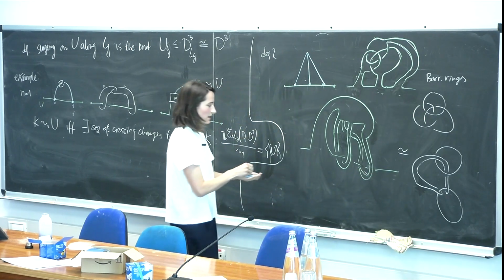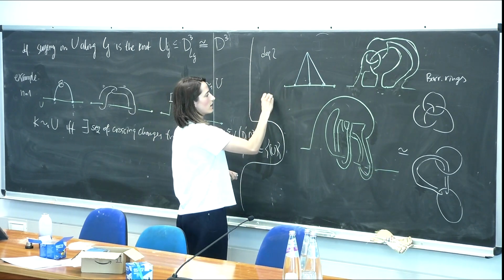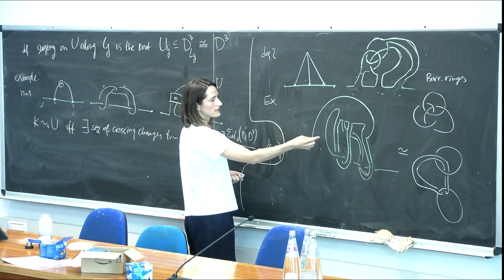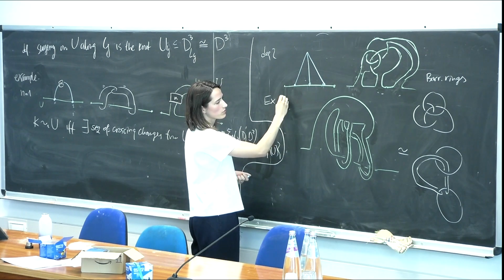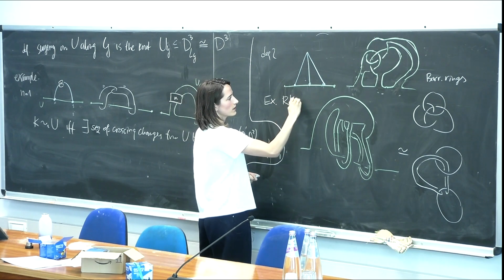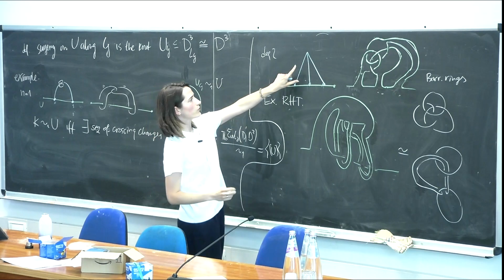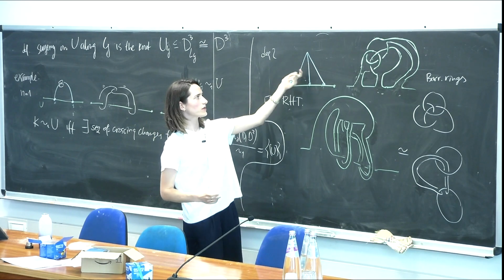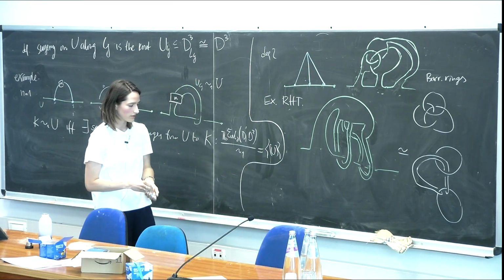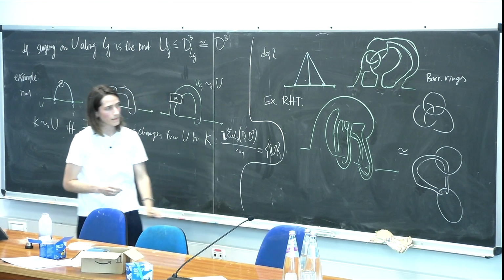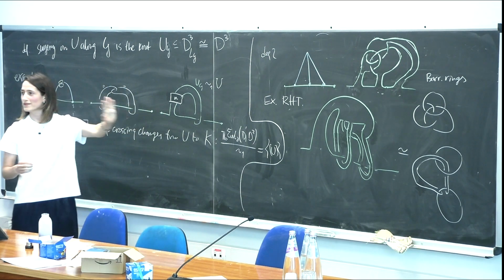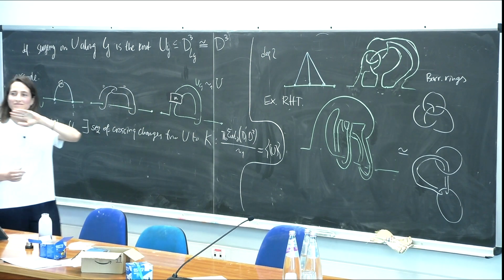And then an exercise is to see that this is, if I did it right, the trefoil. I think it should be the right-handed trefoil. And you can see that if you put some twists, like a half twist, in these edges, you can also get the figure 8 knot. Okay. Are there questions about how I did this? Yeah?